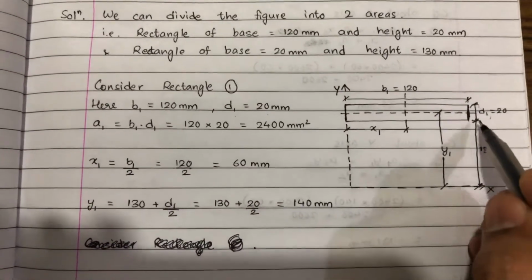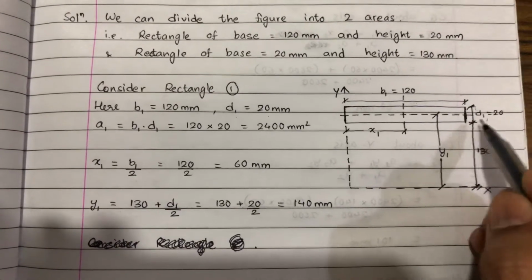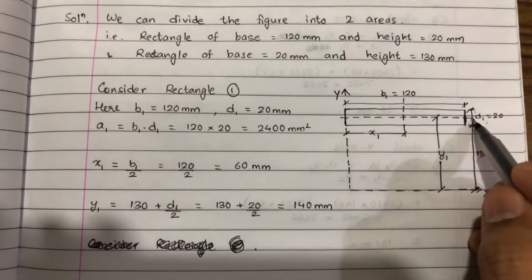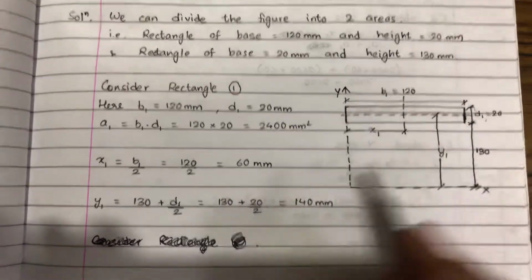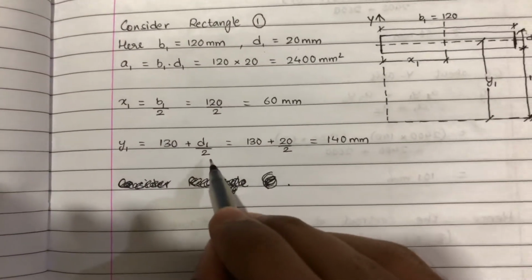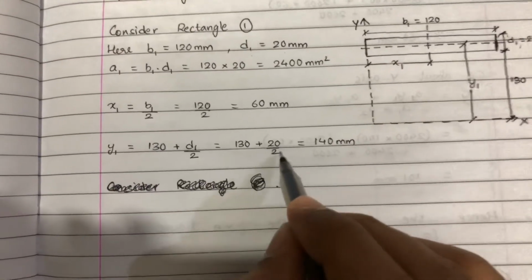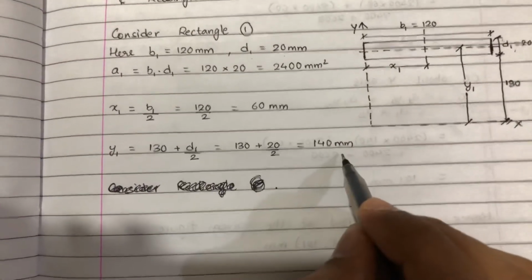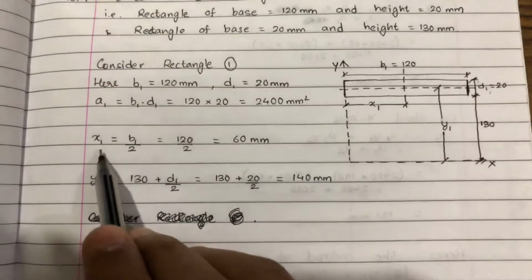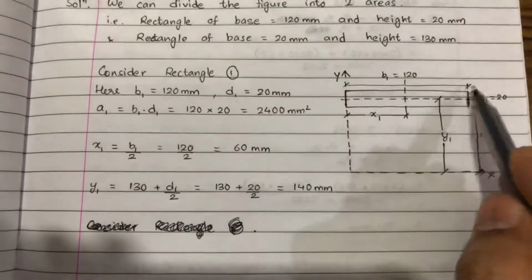From here till here, the distance is 130 mm, and from here till here it will be D1 by 2. So y1 is equal to 130 plus D1 by 2, and D1 is 20. So 130 plus 20 by 2, we get 140 mm. So we have calculated x1 and y1 of rectangle number 1.